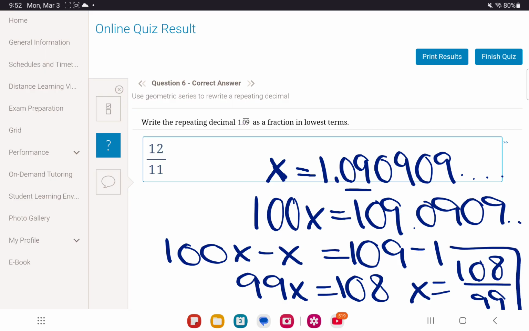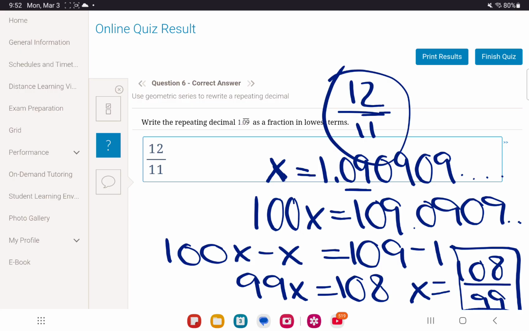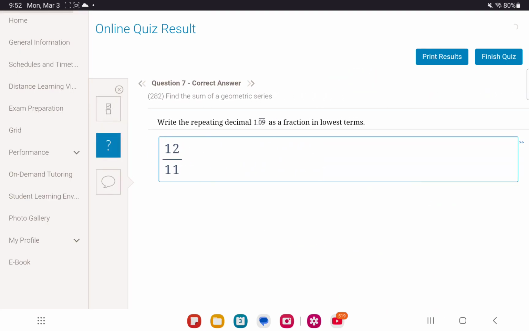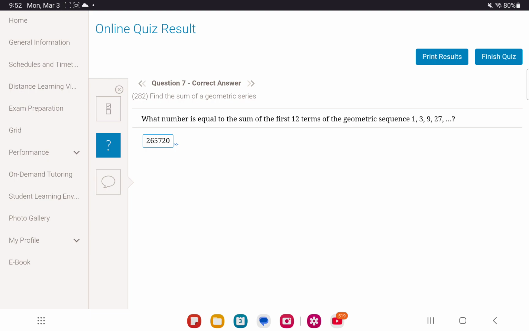Here, when I put it on my calculator, I get 12 over 11, okay? But common sense wise, you can divide 99 by 9, and you can divide 108 by 9, and you get 12 over 11, okay? So make sure you always have it in the simplest form, okay?